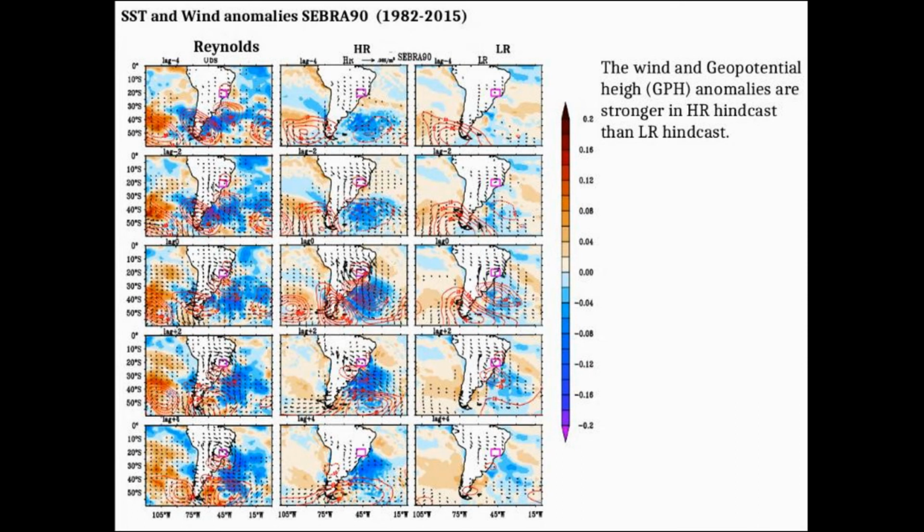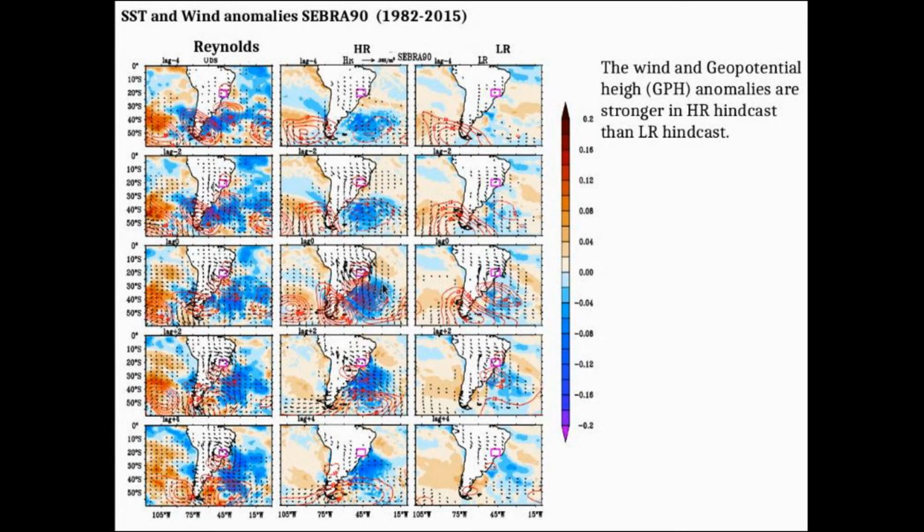Though this SST pattern is weaker in the models, the high resolution is capturing this initial warming and then cooling in the coastal region of South America pretty well.